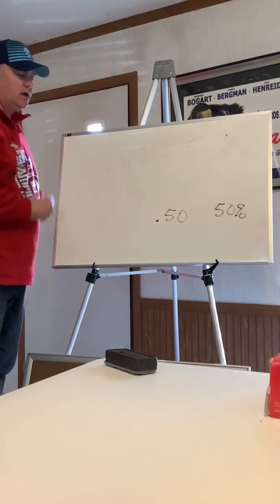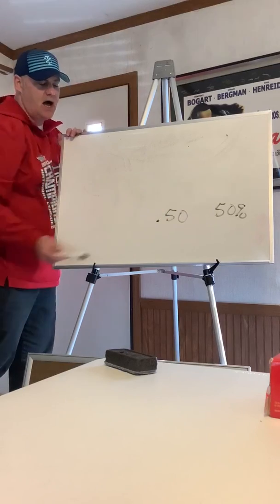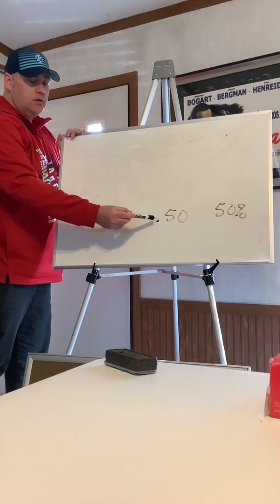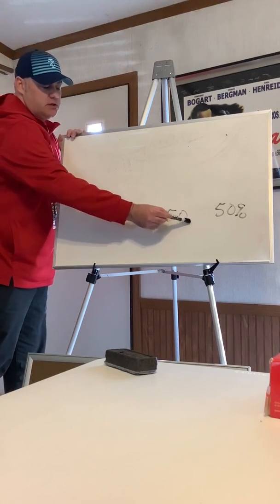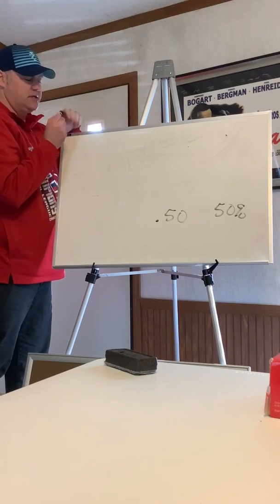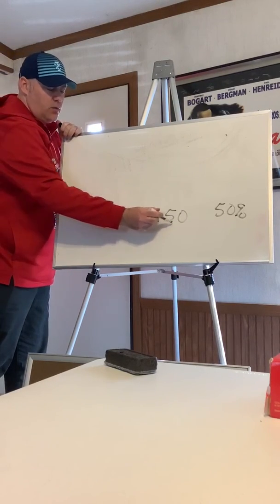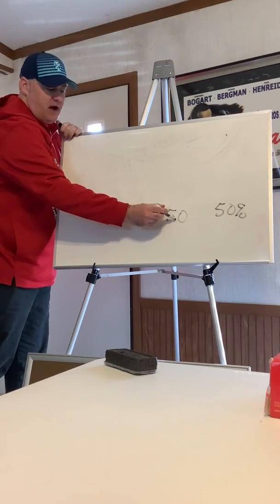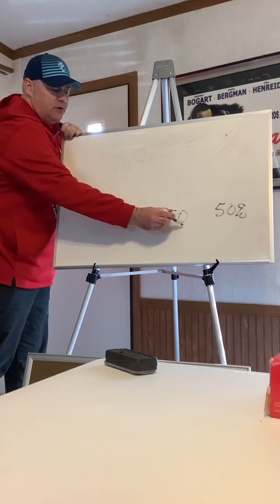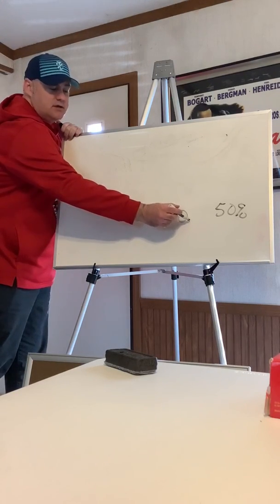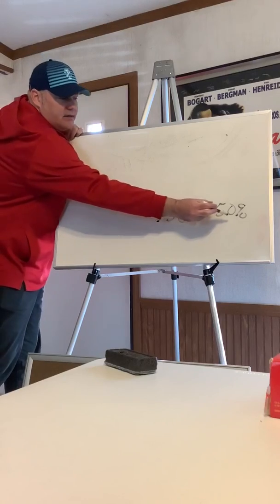If you notice, this one has a decimal, this one does not. I actually moved the decimal 2 times to the right. It was here, and I moved it once to there, which made it 5.0, and then I moved it again and put it at the end, so I moved it twice, and now the decimal's here at the end.